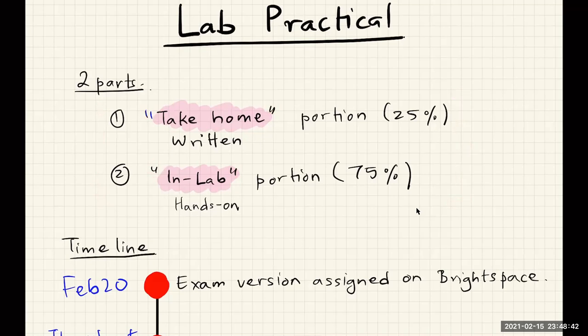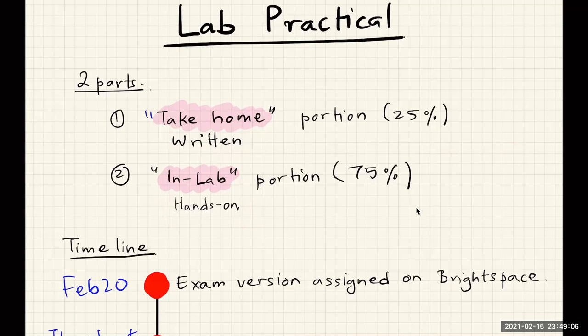However, these are fundamentally different parts of the practical exam, and they will be taken separately in a sense. Okay, so the first part is a written, pen on paper, theoretical calculation type portion, whereas the second is the hands-on, the more practical part of the exam.